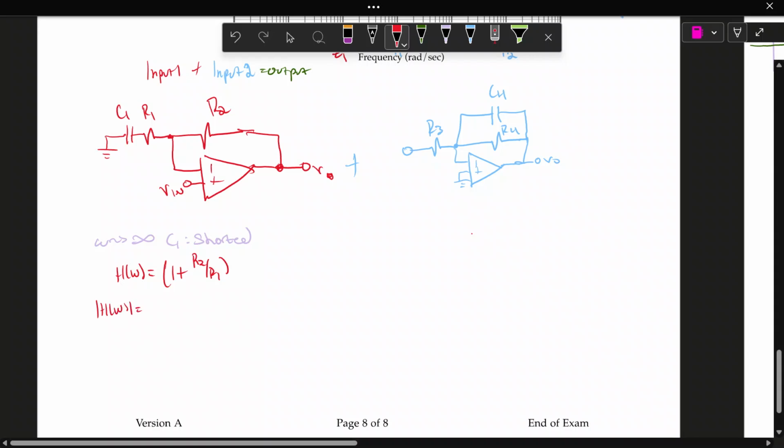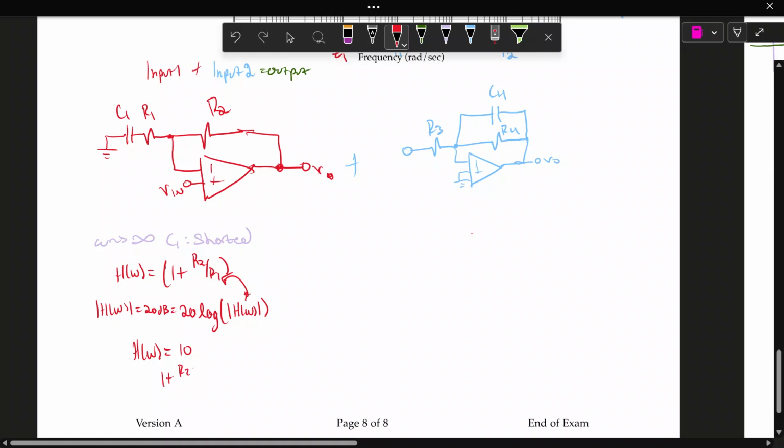So our magnitude is equal to 20 decibels, is equal to 20 log of H of omega. This is what H should be here, 1 plus R2 over R1. So what creates 20 decibels, just like above? That makes H of omega equal to 10.